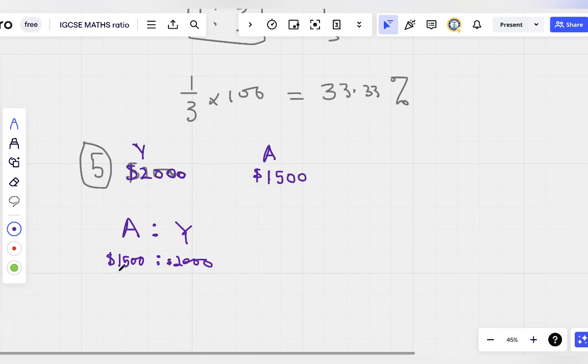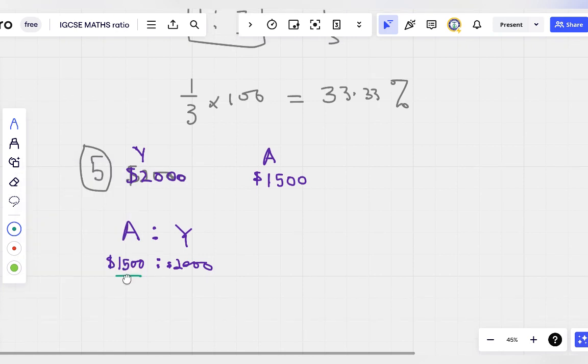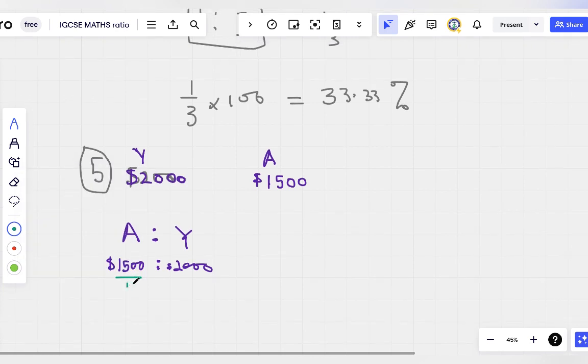First of all, we can divide both sides by 100, right? Actually, we can divide by 500 straight away, but I don't want you to be confused. So we reduce the zeros, divide both sides by 100.